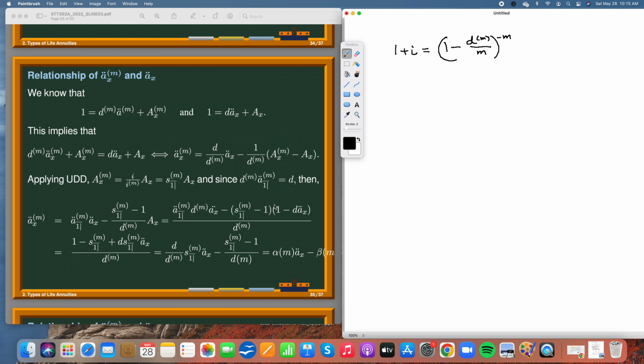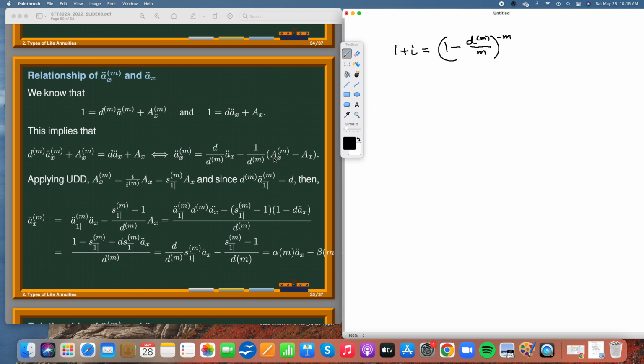Okay? And so if we plug in all of this here, d over d to the upper m is equal to that. So we can replace this by this. So we obtain that. Okay?